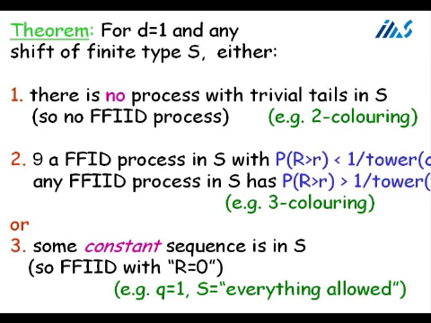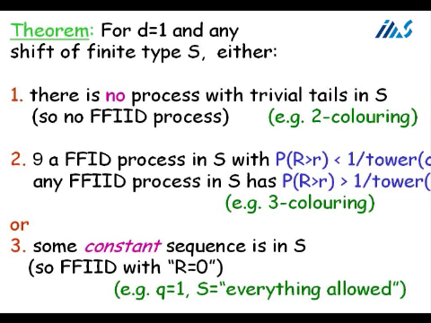Okay, so in one dimension, if we want to pick a random shift of finite type, then we have 3 possibilities. Either there's no process that has decay of correlations or trivial tails, and that was, for example, the 2 coloring.